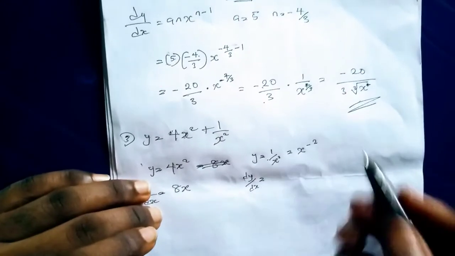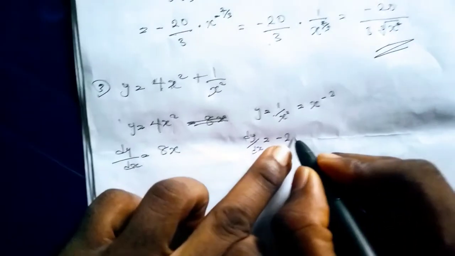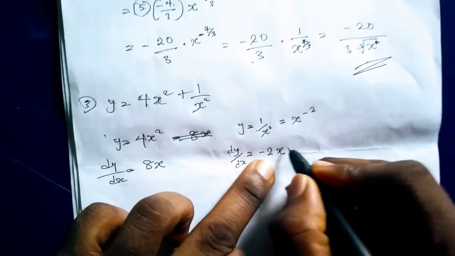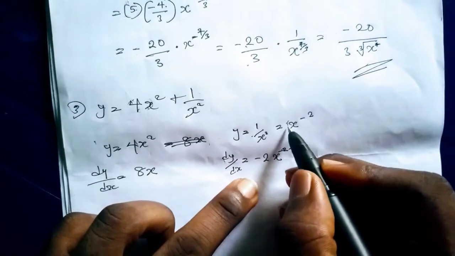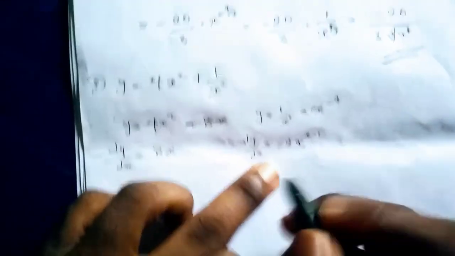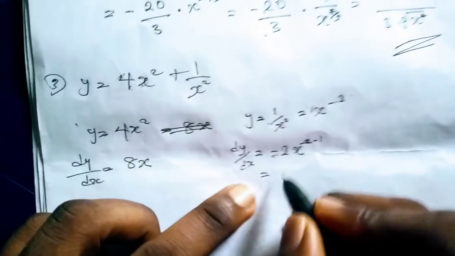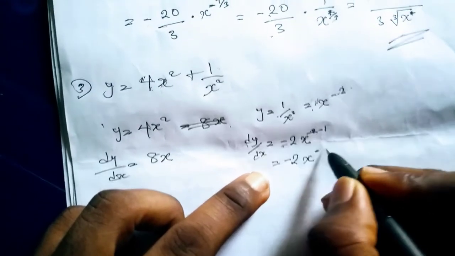This is what we have, and we get negative 2x raised to negative 2 minus 1. So negative 2 multiplied by 1 will give us negative 2. And negative 2 minus 1 will give us our dy/dx to be negative 2x raised to power negative 3.